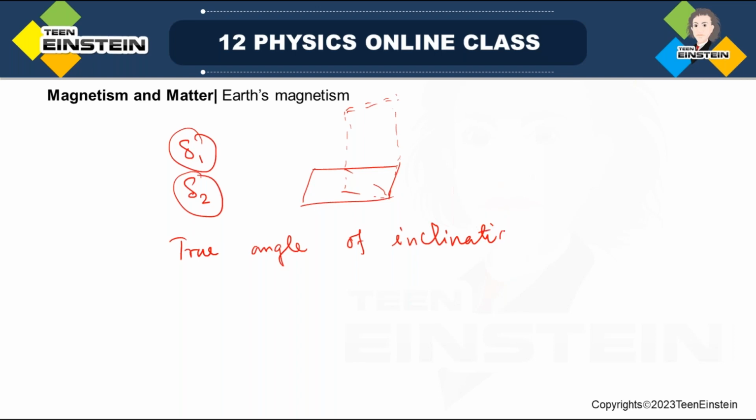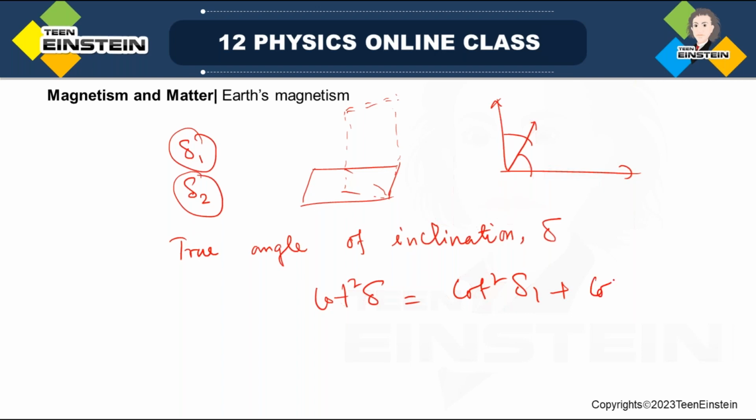I can draw it like this. These are two planes. If I get the angle of inclination delta 1 with this plane and delta 2 with this one, the true inclination delta can be found like this: cot square delta equals cot square delta 1 plus cot square delta 2.